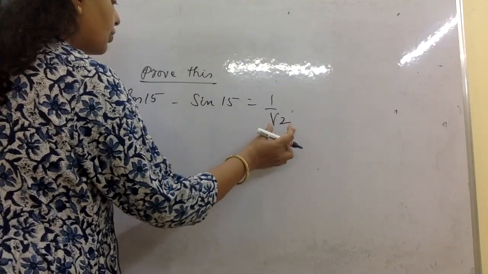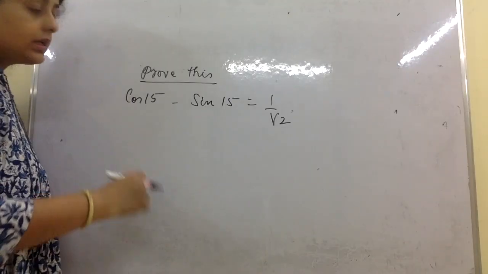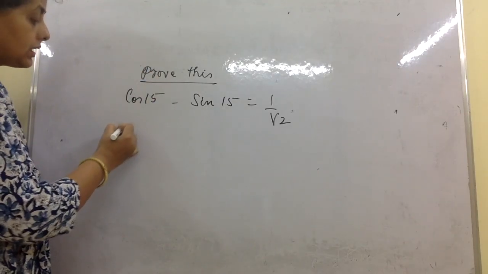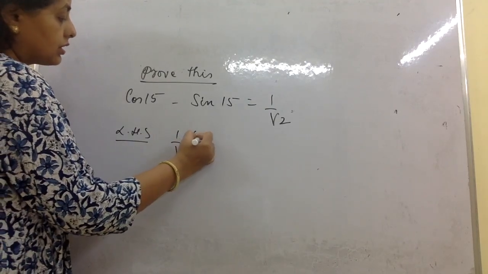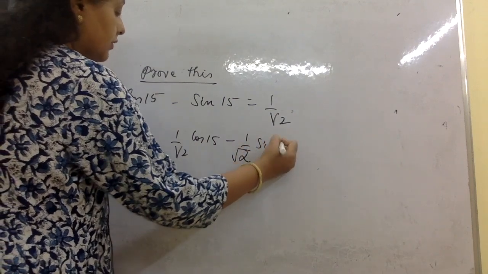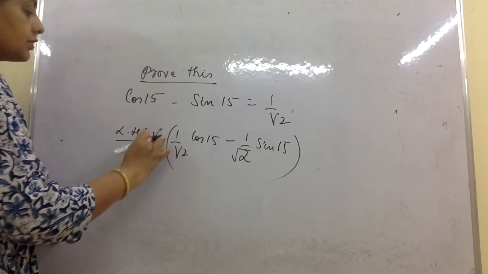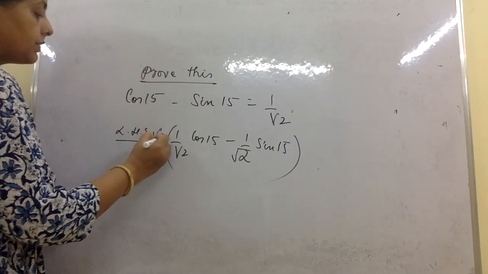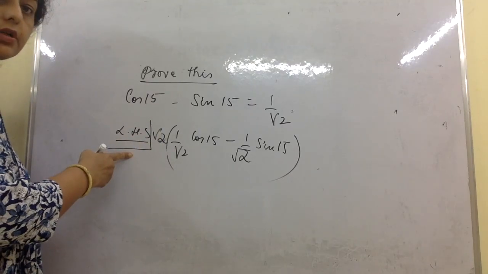Whenever I get a root 2, I get an indication that there is some 45 here. So what I will do is, on the left hand side, 1 by root 2 cos 15 minus 1 by root 2 sine 15, and then the full thing multiplied with root 2.